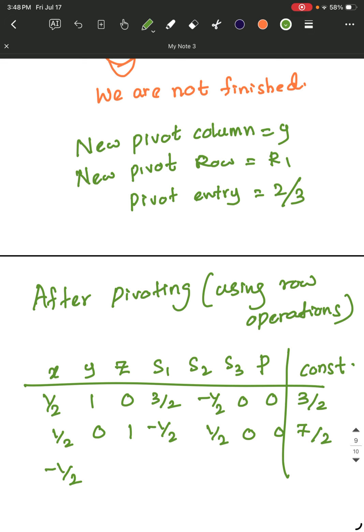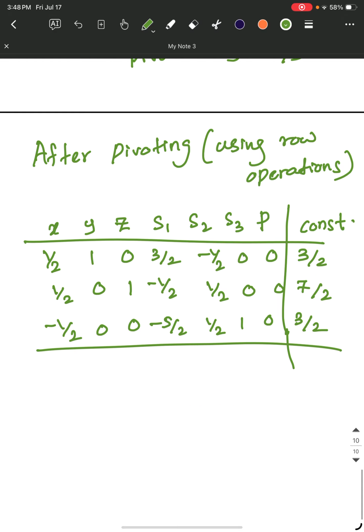Negative 1/2, 0, 0, negative 5 over 2, 1 over 2, 1, 0, 3 over 2. The bottom line we have 3 over 2, 0, 0, 5 over 2, 1/2, 0, 1, 37 over 2. So the bottom row has no negative entries, so the solution is optimal.